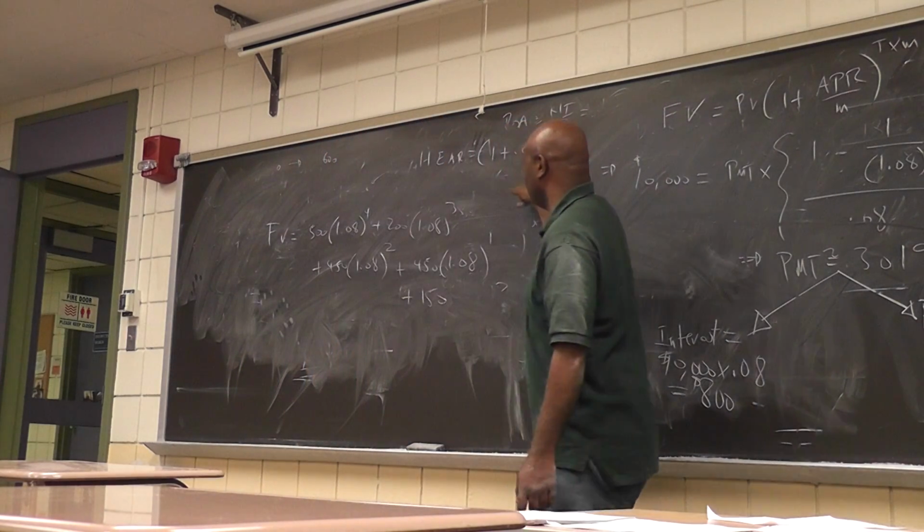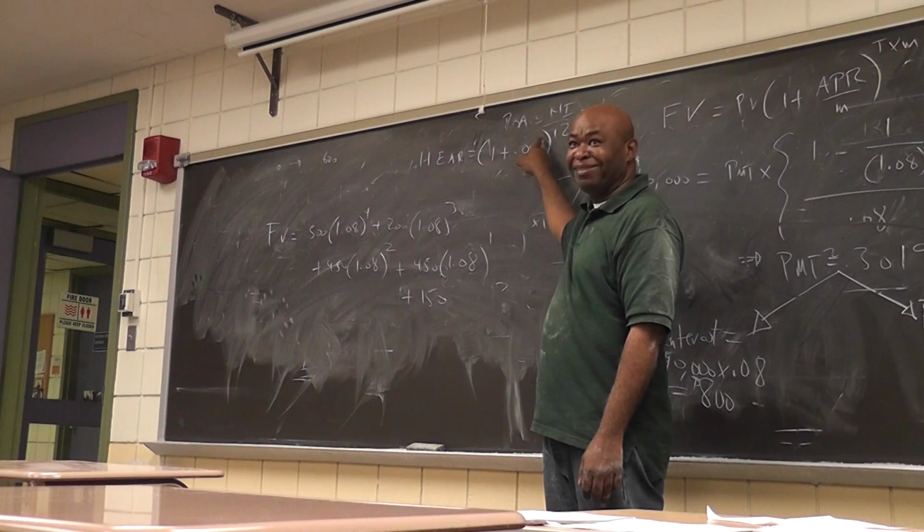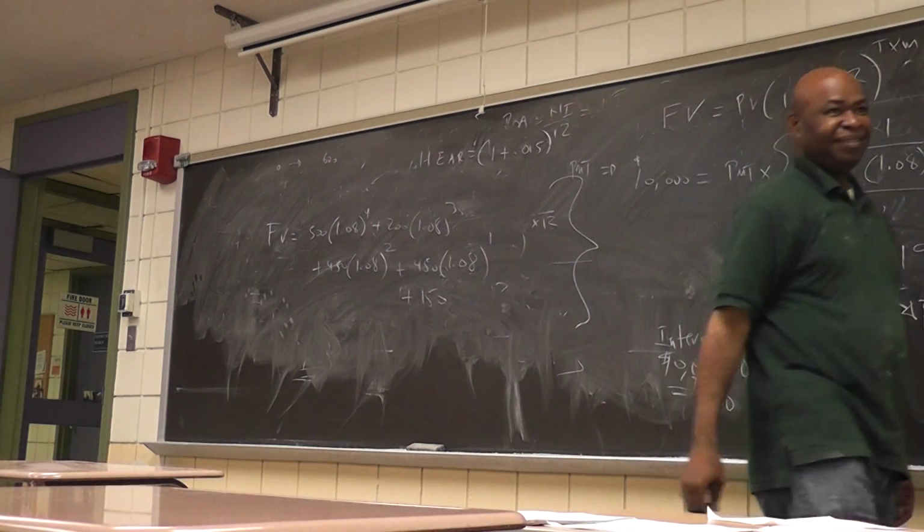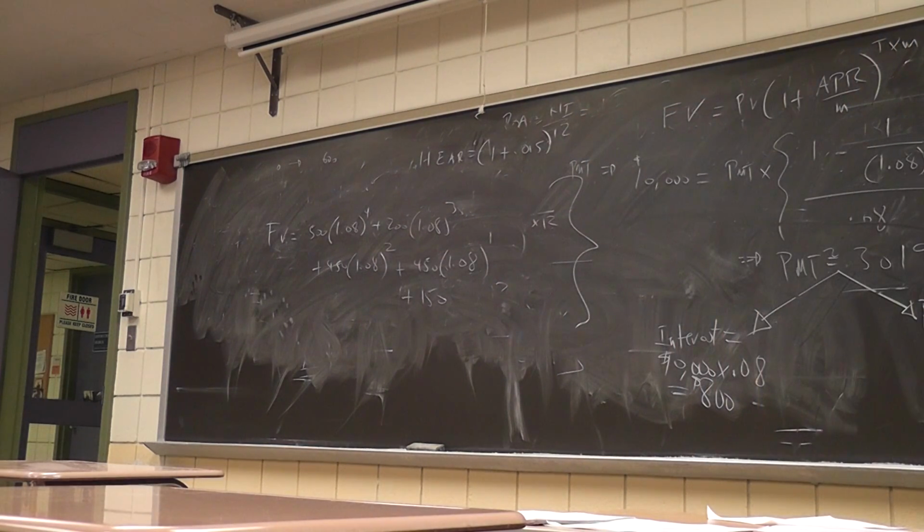That's it. Because this is already the APR over M, right? I was saying that the 1.5% is already the monthly rate. So you don't need to touch it, right?